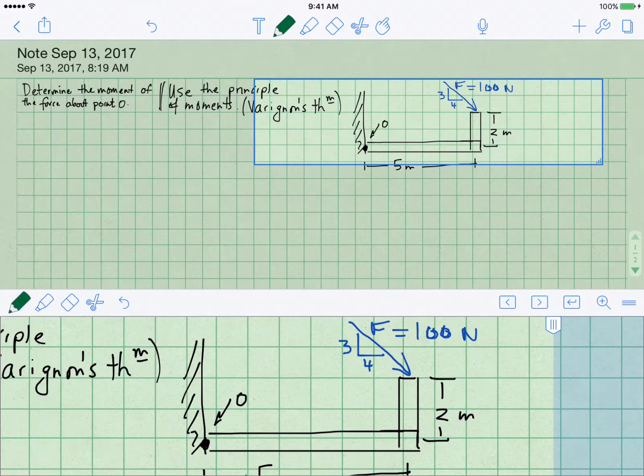So in this case, our point is O, that's the moment we've been asked to find, and we need to connect it to the line of action. And so if I do that, then that is my R vector.